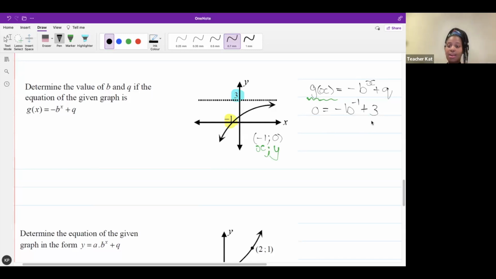All right, now let's go ahead and solve for b. Who do we get rid of first here on my right-hand side? Nice, 3. What is the inverse operation for +3? It's going to become -3 is equal to negative b to the power of -1. Great. Now what?